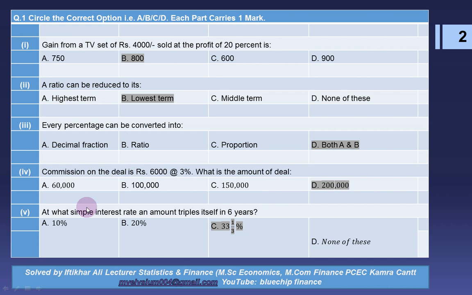200,000. Correct option. At what simple interest rate does an amount triple itself in 6 years? Correct option is 33 1/3%. To solve this, you must know the formula of simple interest or the formula of future value of simple interest.